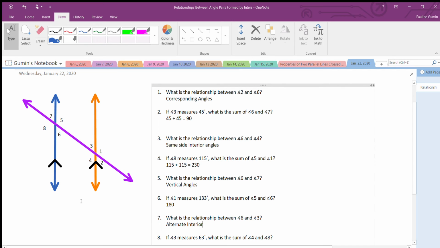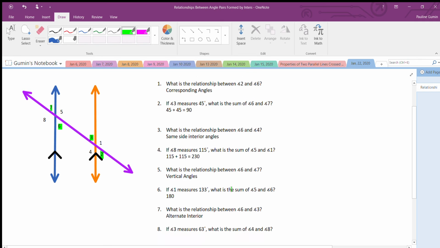All right, let's do this last one, number 8. If angle 3 measures 60 degrees, what's the sum of angles 4 and 8? All right, let's see what else is 63 degrees. If 3 is 63, then so is 2. If 2 is 63 degrees, then so is angle 6, and so is angle 7. All right, well, we're looking for 4 and 8. Womp womp. Nothing that we highlighted.